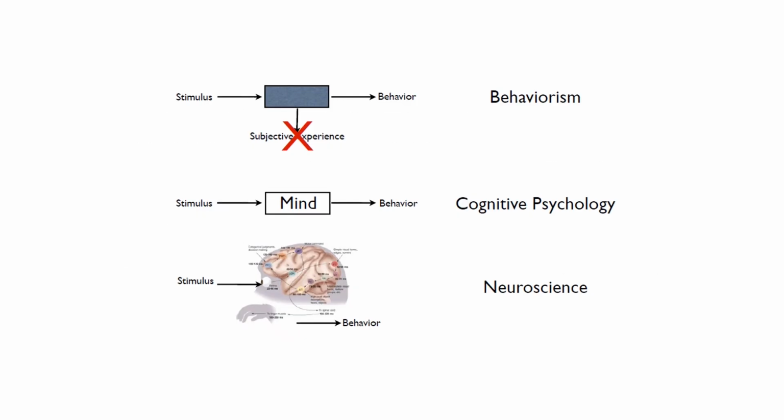These different disciplines may study the same phenomena at different levels. To take an example, let's think of the brain as a machine which is receiving sensory stimulus and ultimately deciding the behavior.